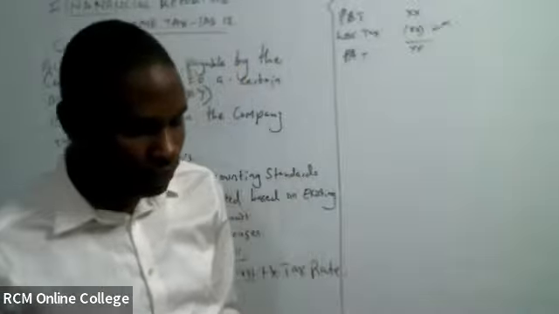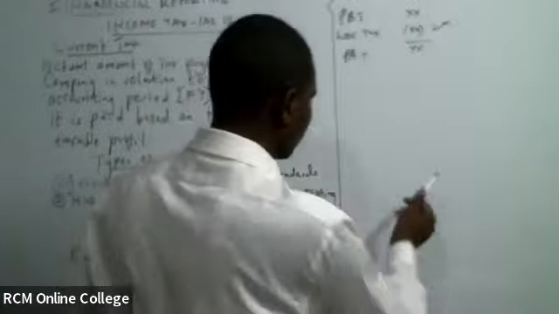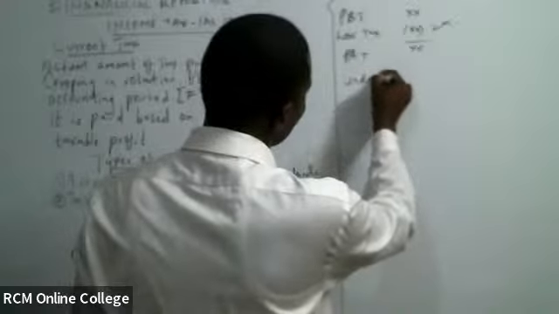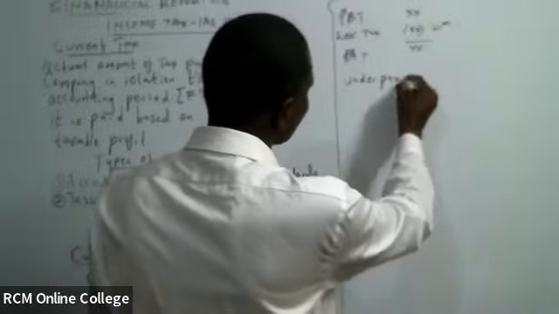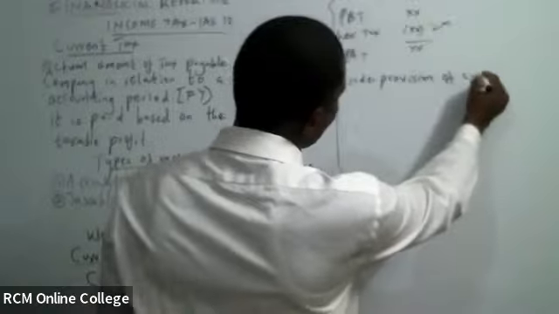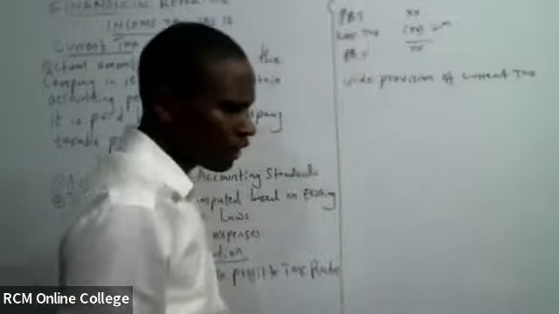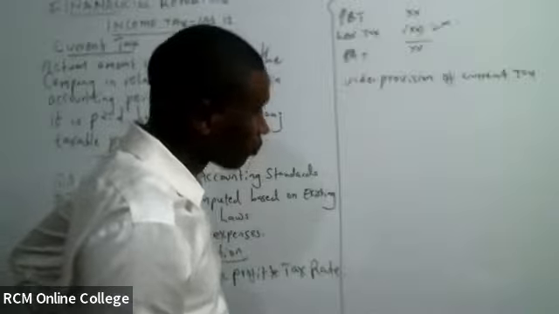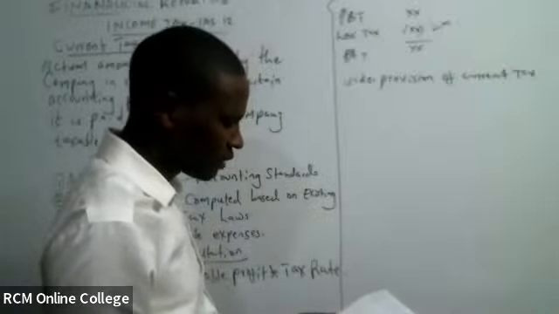We call it an under provision of current tax. So the provision is less than the actual tax.